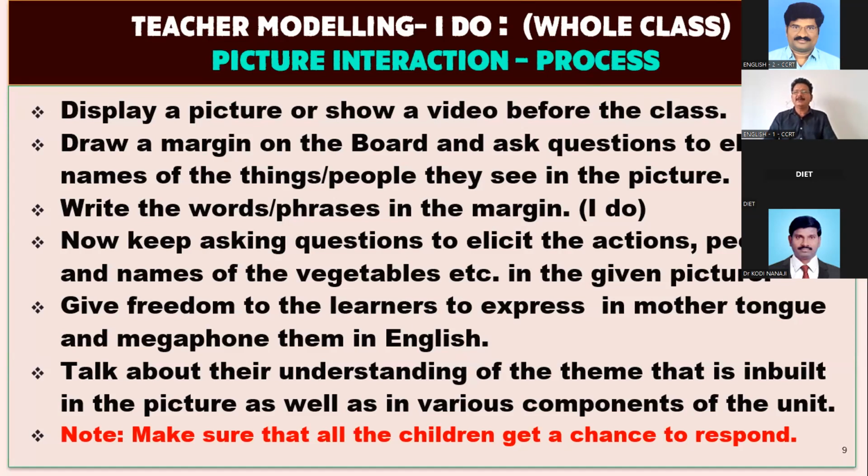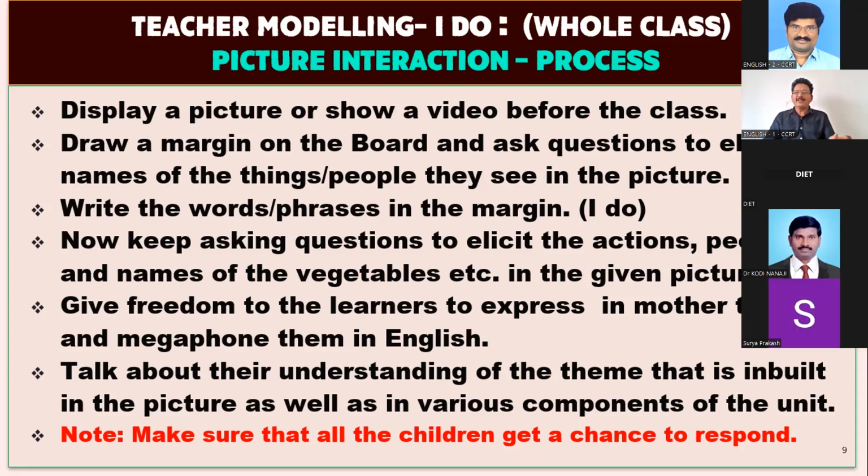The first step is to display a picture or show a video before the class. And then, when it comes to green board work, what do we have to do? Draw a margin on the board and ask the students questions related to the names of the things or people they see in the picture or the actions they do.